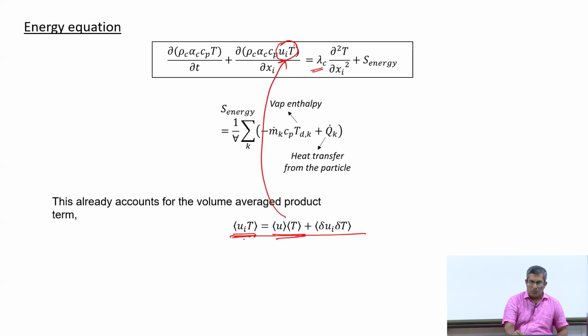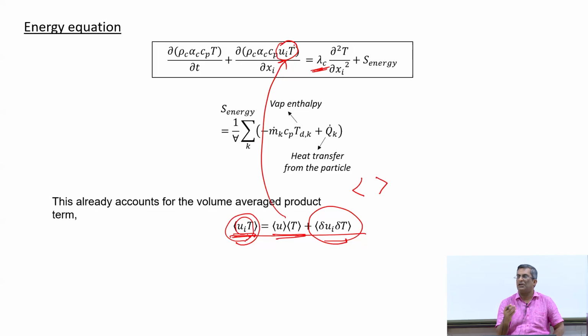This operator refers to volume averaging. So you do volume averaging over this product, but it has some residual also. So now the question is, how do we model this? This has already been accounted for in this model. So that is why what you see here is the effective thermal conductivity of this fluid particle system together.